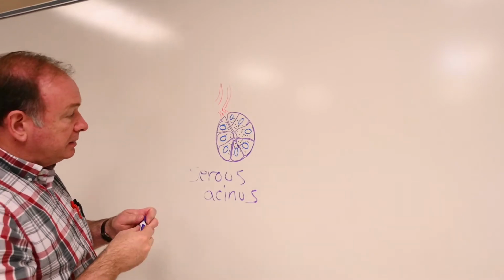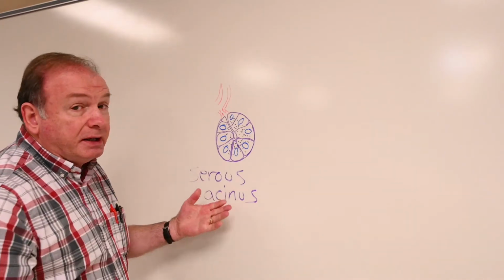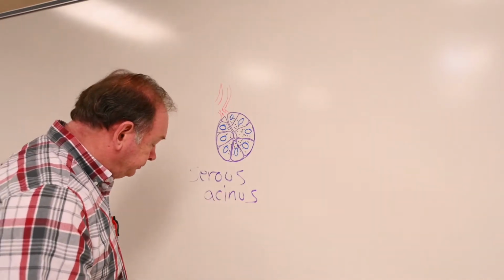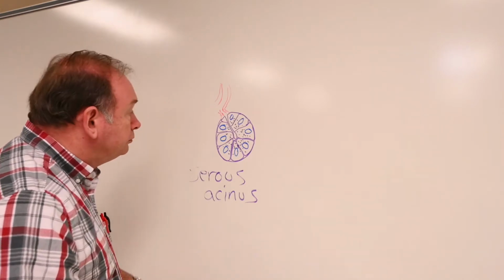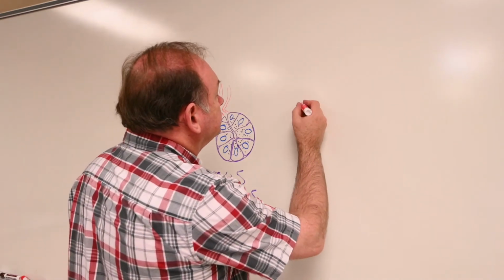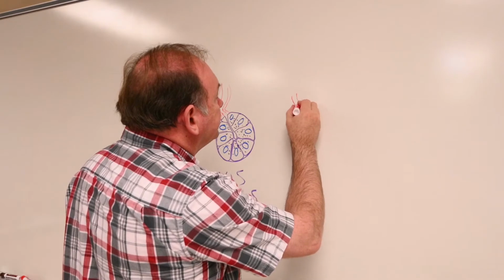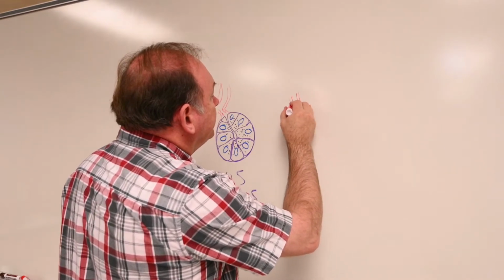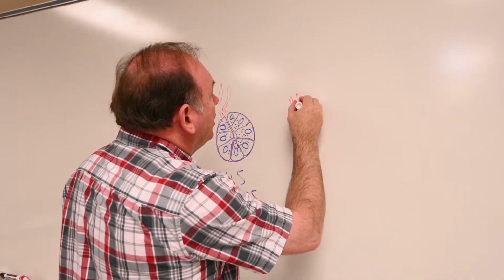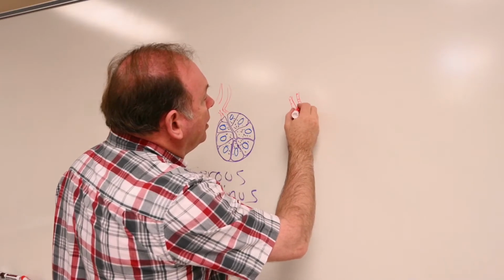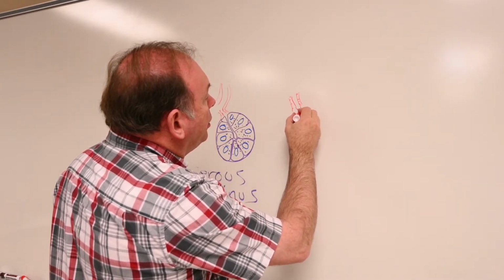Serous acinus. Now the other kind, other than serous, is the mucous. By comparison, here's the duct that leads into a mucous gland.